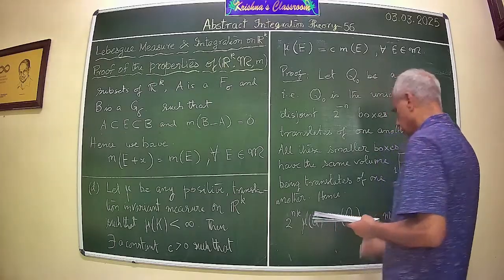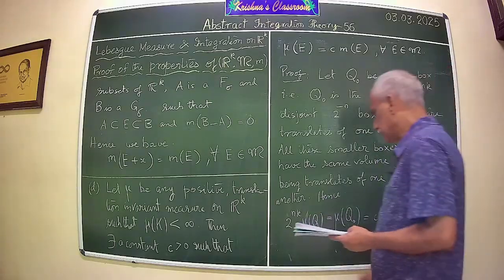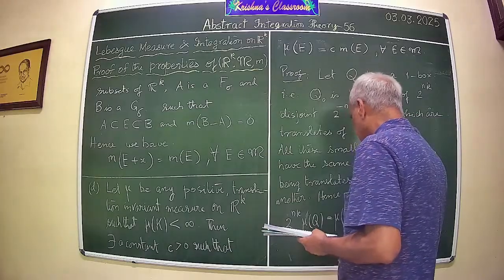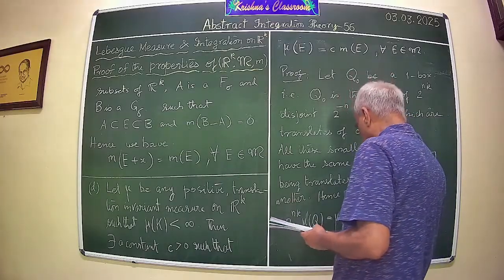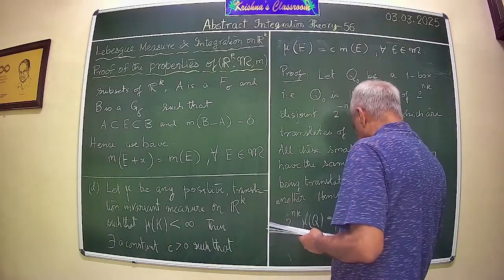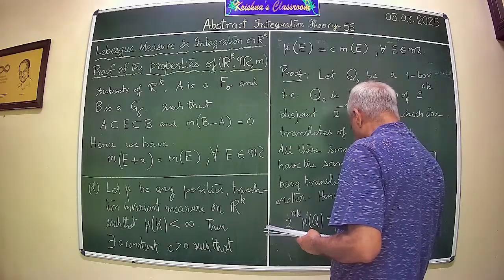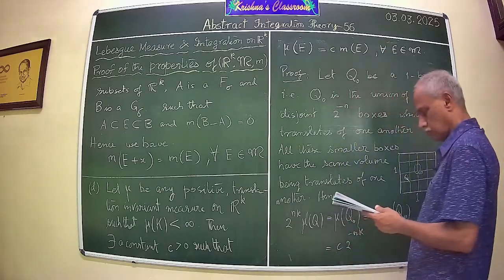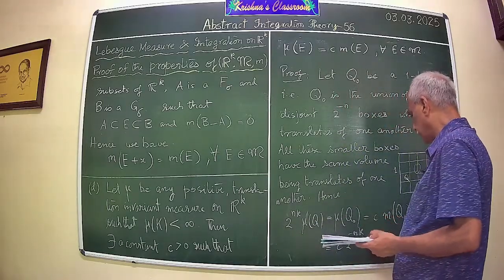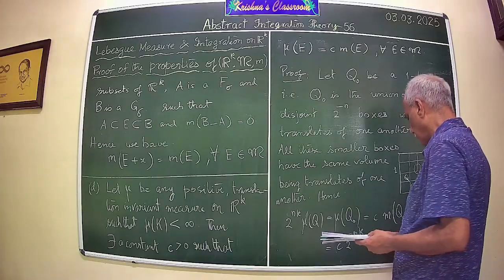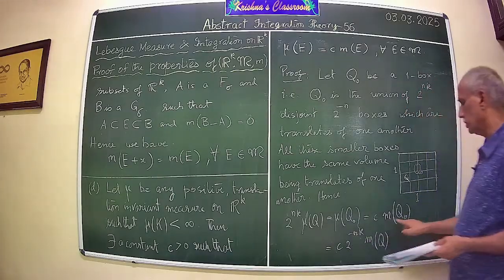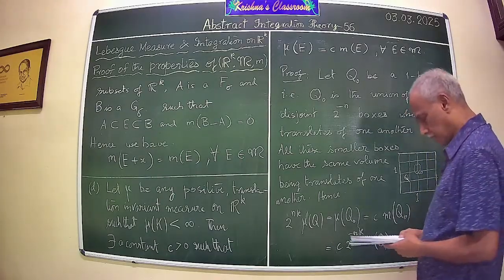That's a relation between them. And this is equal to C times 2 to the power minus nk in the measure of Q. So Q naught is that. And what is that?